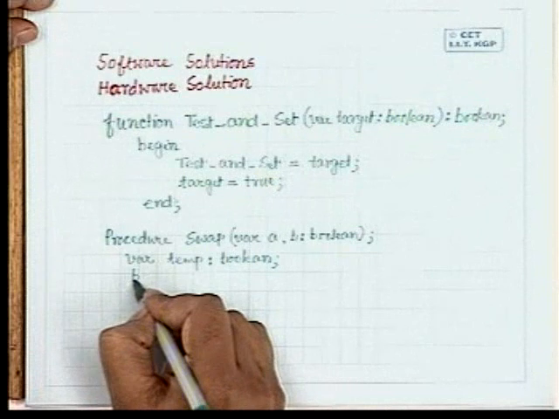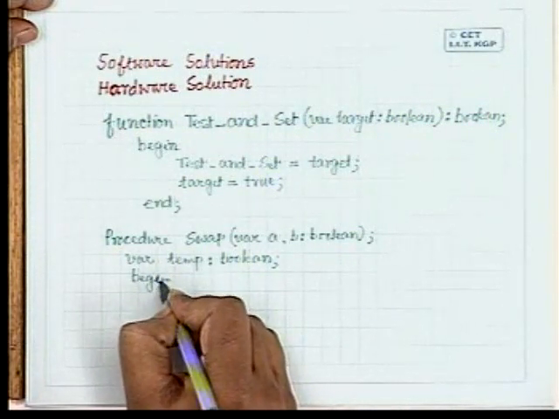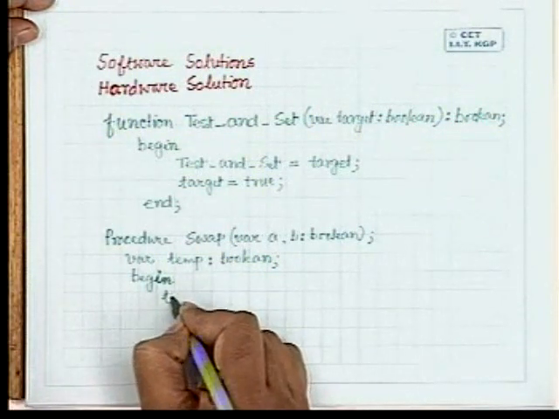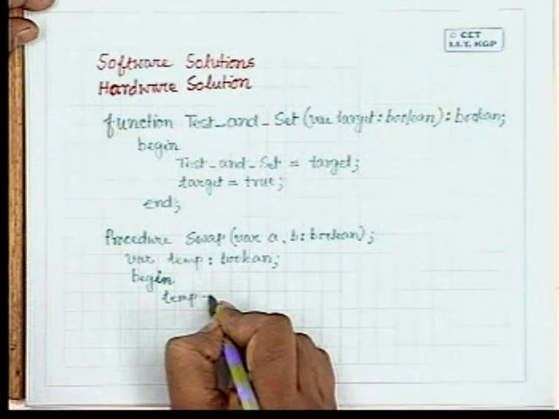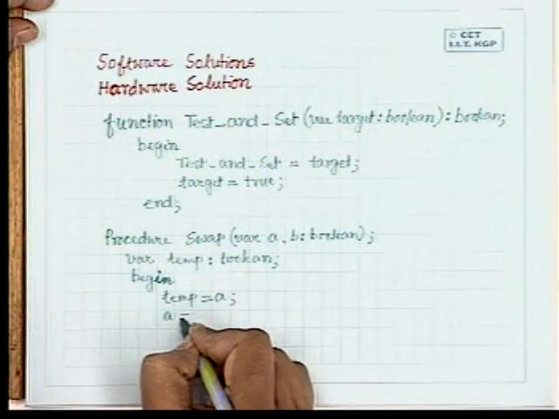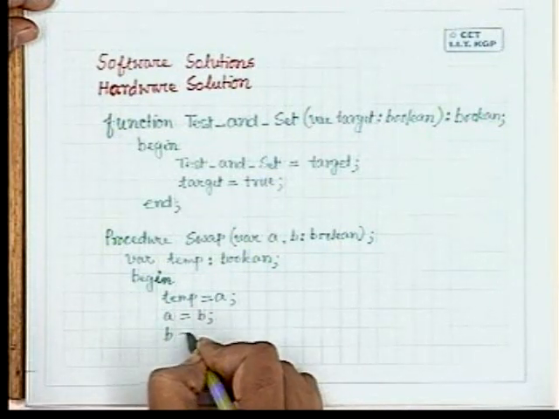The procedure works like this: begin. This is simply a swapping operation. So temp equal to a, after that a will get the value of b, and then b gets the value of temp.